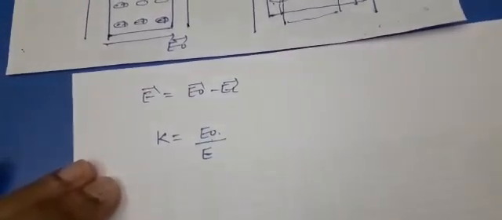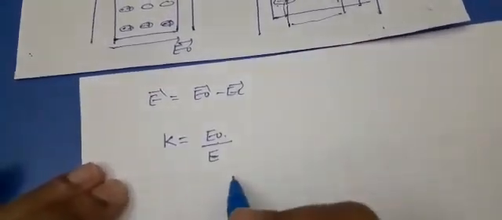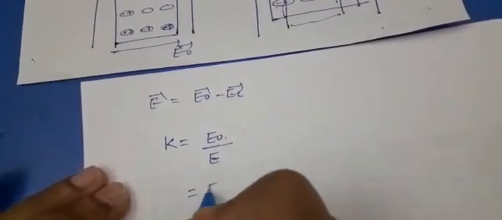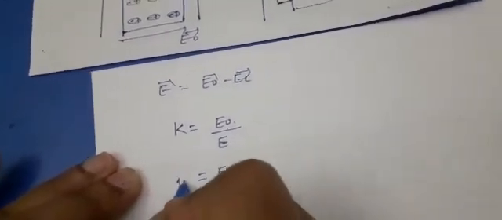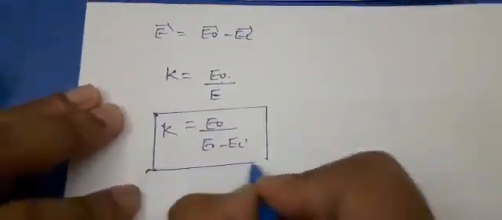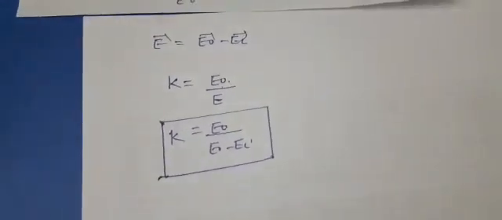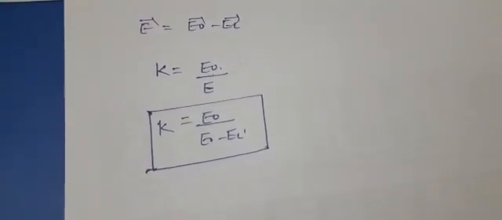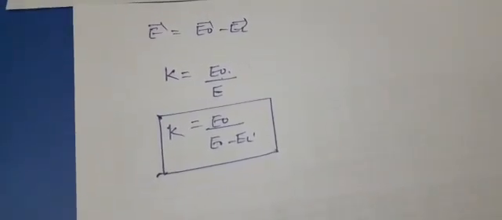The reduced value is E. So this is taken as the dielectric constant, which is E0 upon E0 minus EI. This can be explained on the basis of the electric field and the reduced field.